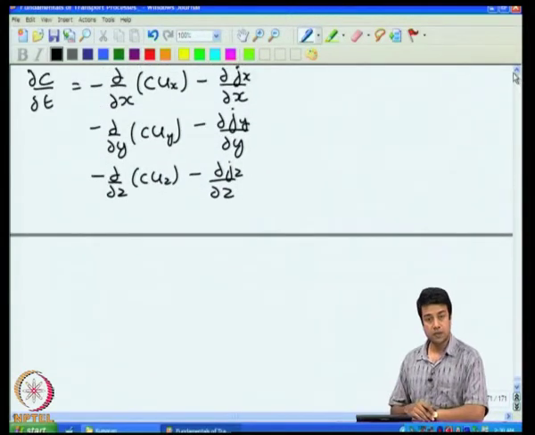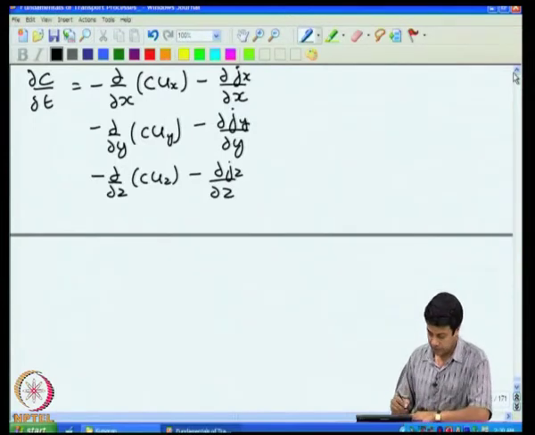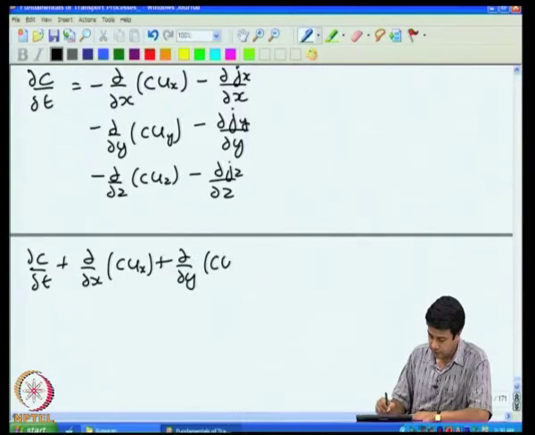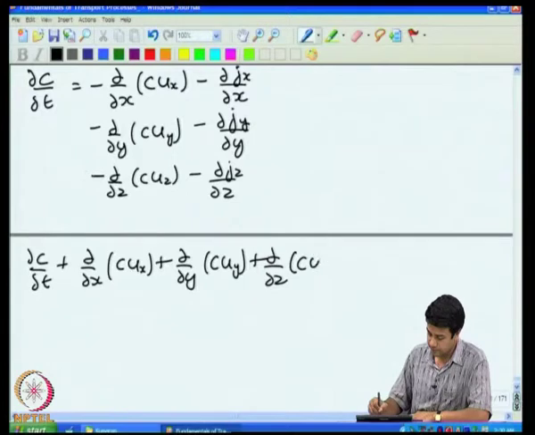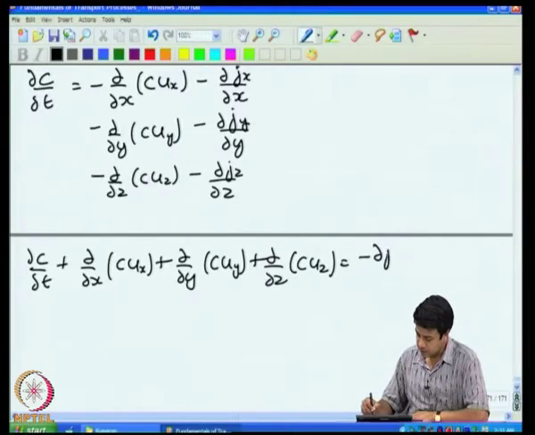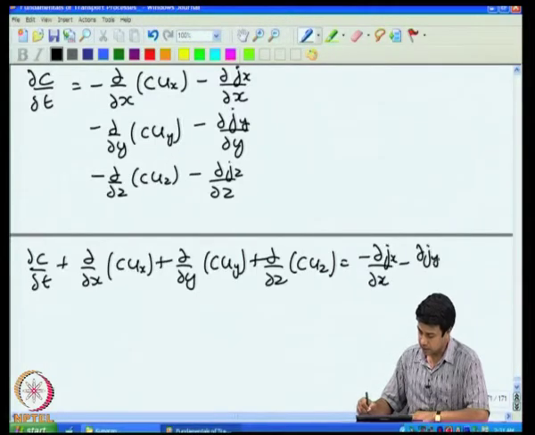I can put this equation in a more compact form, okay, dc by dt plus d by dx of C u x plus d by dy of C u y plus d by dz is equal to minus djx by dx minus djy by dy minus partial jz by partial z.